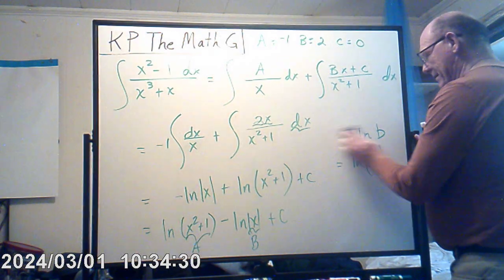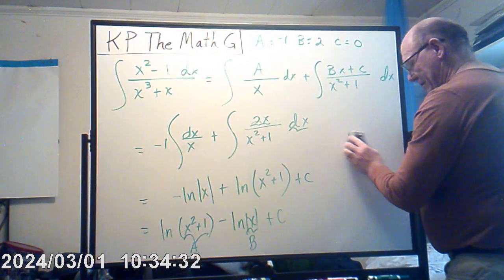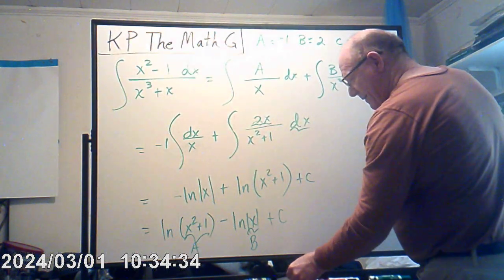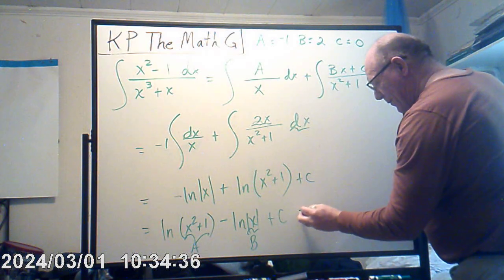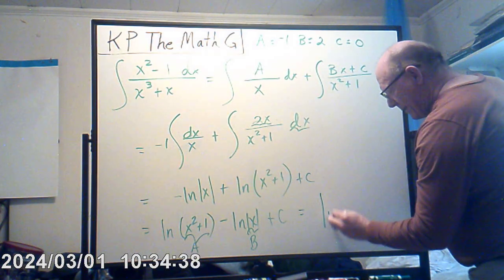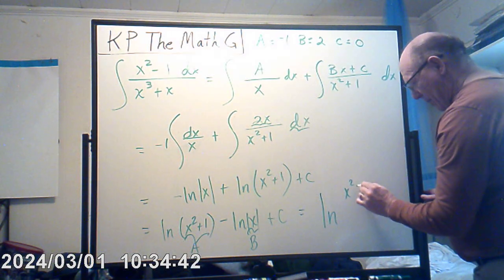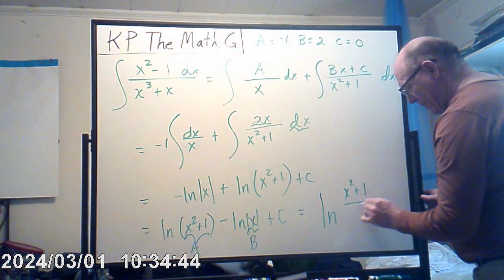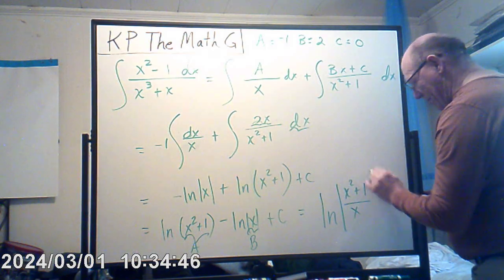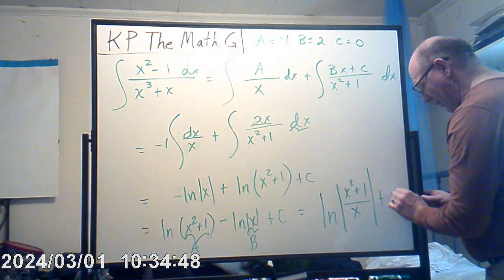This is our final rewrite. So this is equal to ln of x squared plus 1 over x, absolute value bars, plus c.